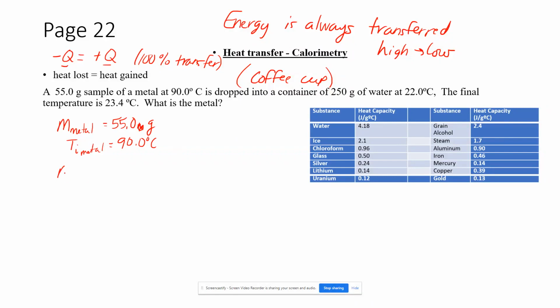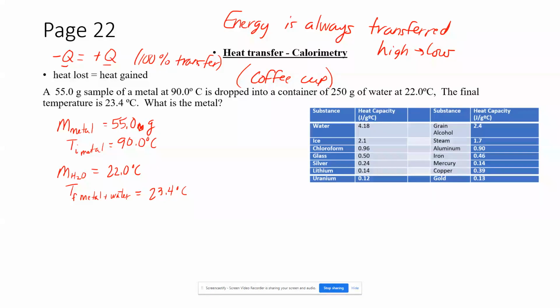And then I have a mass of the water. It was initially at 22 degrees. And then I have a final temperature for both metal and water. They come to an equilibrium temperature.